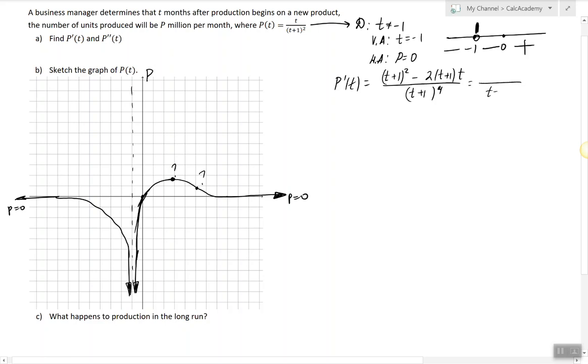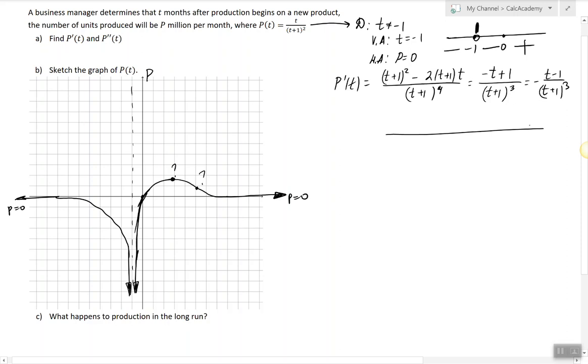Factoring out t+1 and reducing one t+1 in the numerator with one of the t+1s in the denominator, we have t+1 cubed in the denominator, and in the numerator t+1 minus 2t. So it's -t minus 1 over t plus 1 cubed.